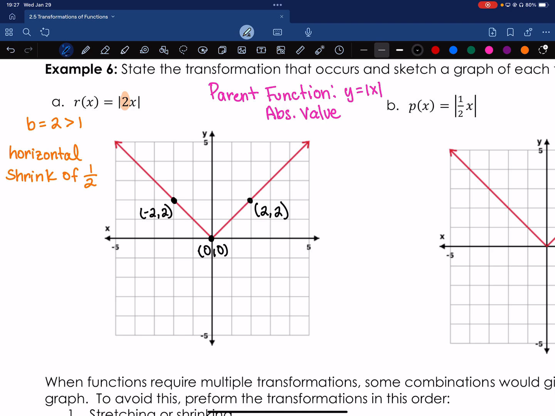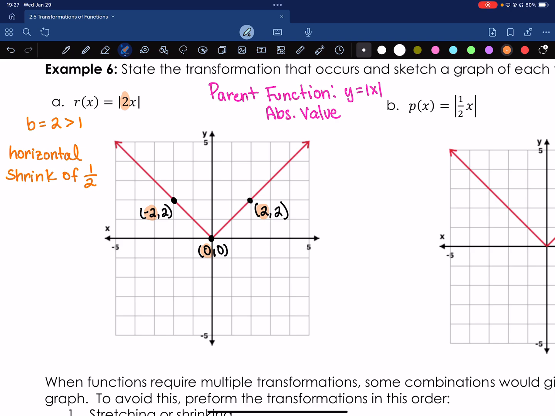So again, you can think of this as either multiplying by 1/2 or dividing by 2. Those are the same thing. So this time it's affecting our x values. So each of those x values are being multiplied by 1/2 or divided by 2.